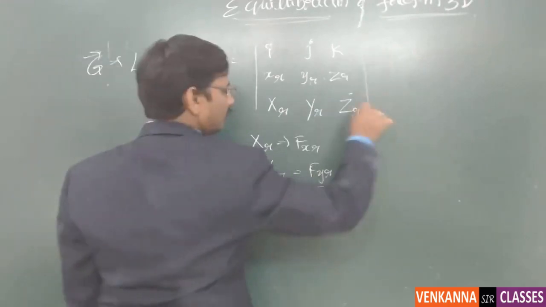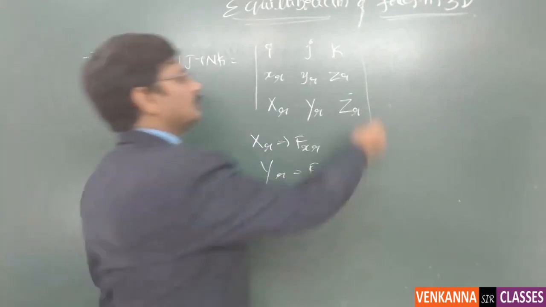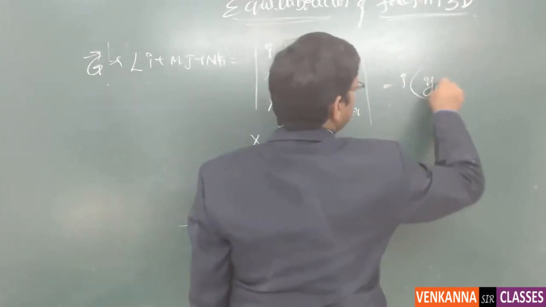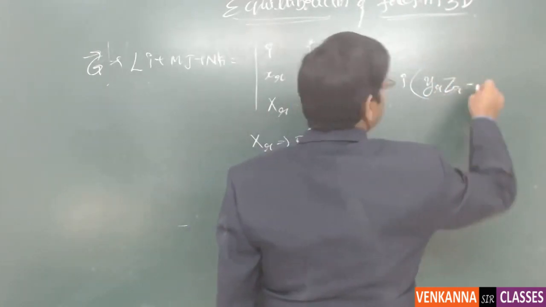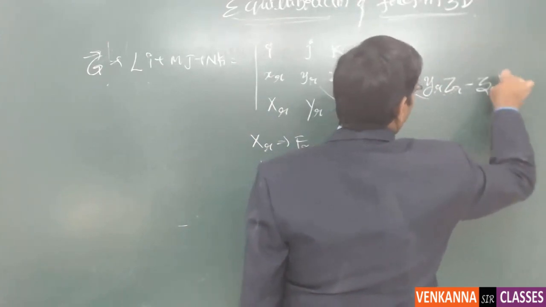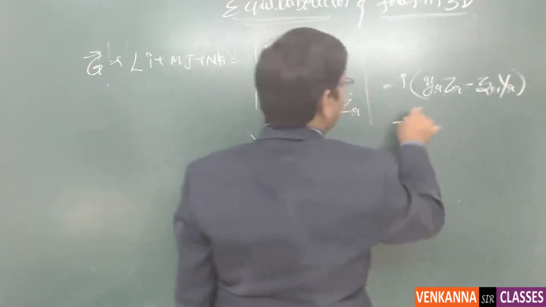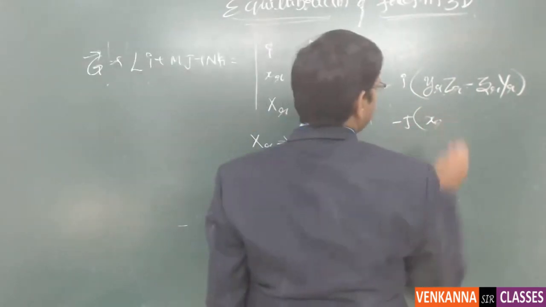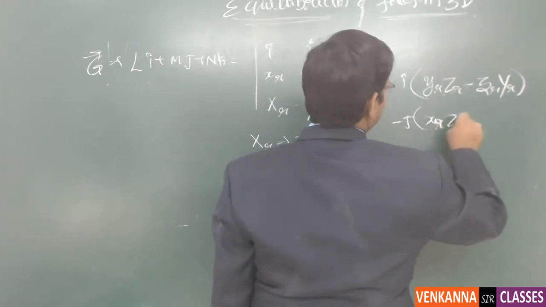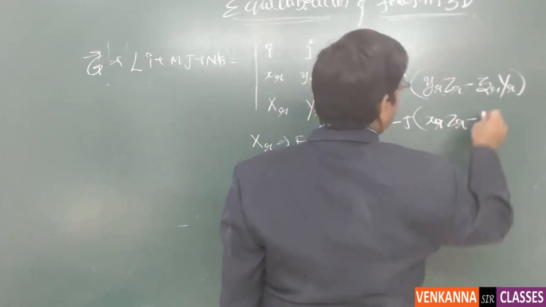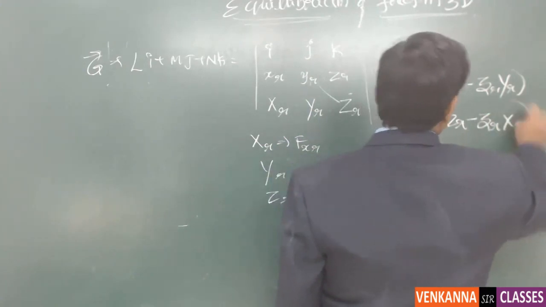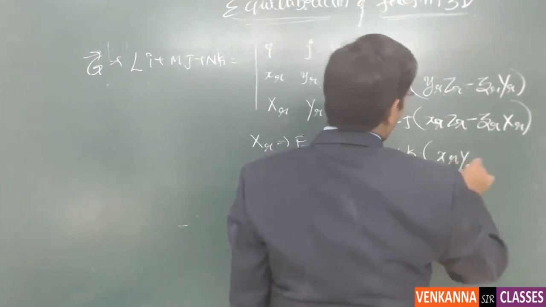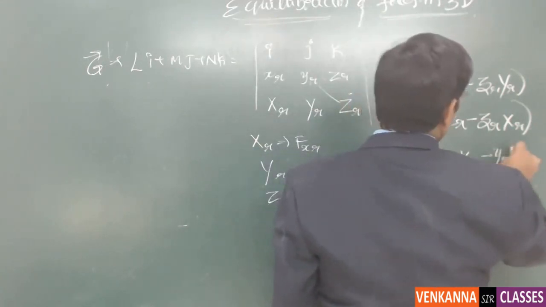With this convention, if you find the cross product of these two, it is i times of YR into ZR minus ZR into YR, minus j times of XR into ZR minus ZR into XR, plus k times of XR into YR minus YR into XR.